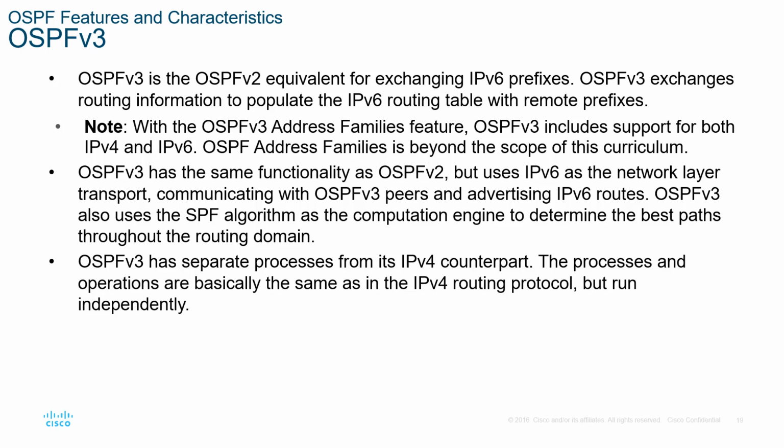Again, note that OSPFv3 address family features, including support for both IPv4 and IPv6, are beyond the scope of the CCNA. OSPFv3 has the same functionality as v2, but uses IPv6. So the same type of packets, same type of advertisements and databases, same thing. Same type of SPF, but again using IPv6 information, not IPv4.